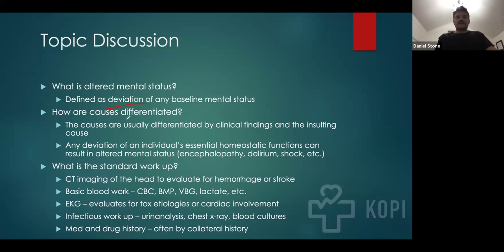The causes are almost always differentiated clinically. The reason is that there are things like CTs and MRIs that can have findings, but you need to actually, as the clinician, determine what is the primary finding causing the deviation. Usually, the standard workup includes a CT scan or MRI of the brain, basic blood work, an EKG, and a workup for infection if clinically indicated. But the most important thing is usually a medication history.